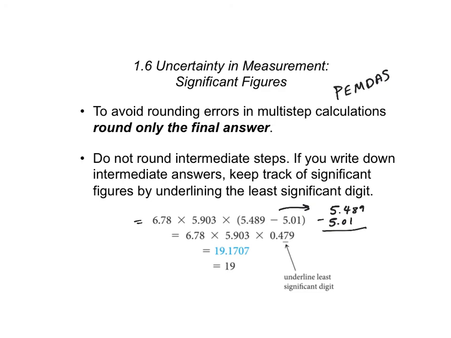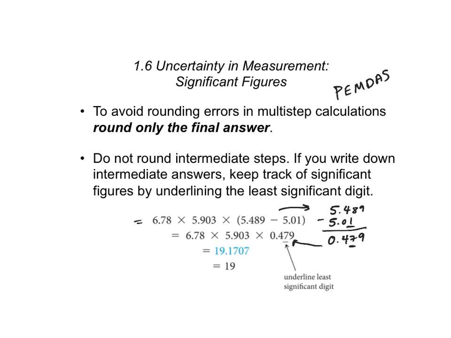The hundredths place, right? Because this guy is limited to the hundredths place. So when I do that, I get 0.479. I'm not going to round here, right? Because if I round here, I may introduce errors in calculations. What I am going to note is that this guy is limited to the hundredths place, okay? So I'm going to note that, but I'm going to move through with the same number for the remainder of the calculations because I'm not going to round until the end, okay?